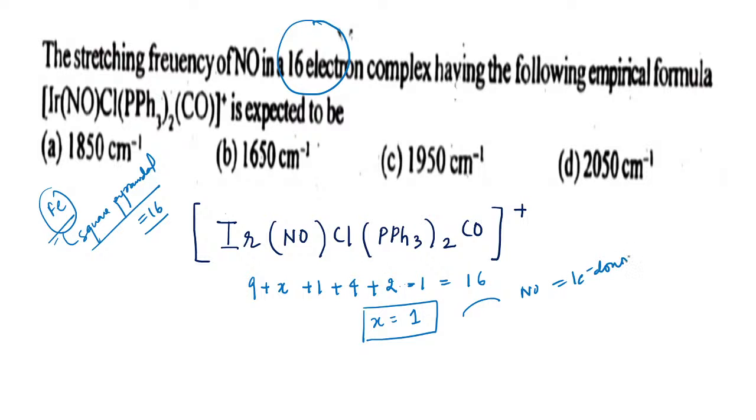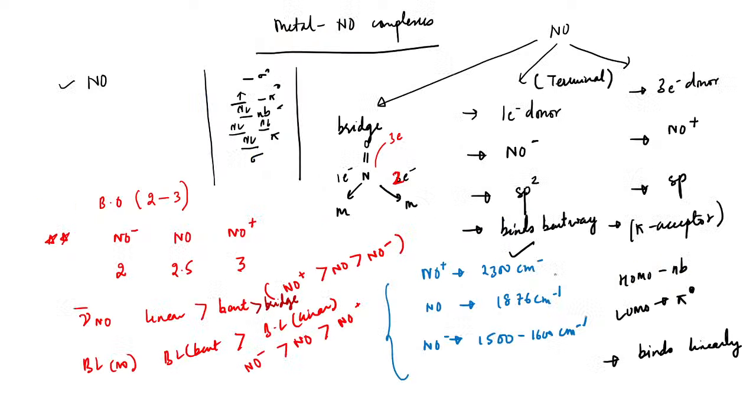NO is a 1 electron donor, so this binds in a bent fashion. So now this nitrosyl is NO negative, which is a 1 electron donor, and it binds in bent fashion. Now we can see NO positive 2300 centimeter inverse, NO 1876, and for NO negative it's somewhere from 1500 to 1600.